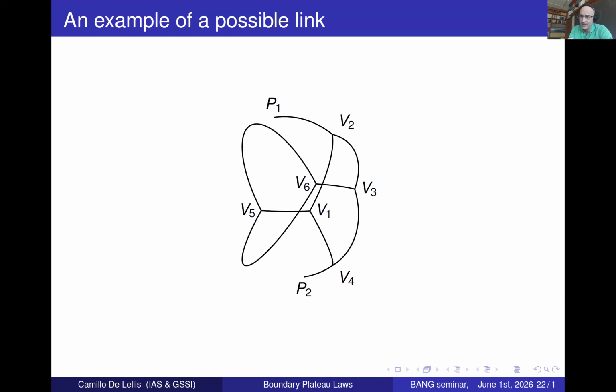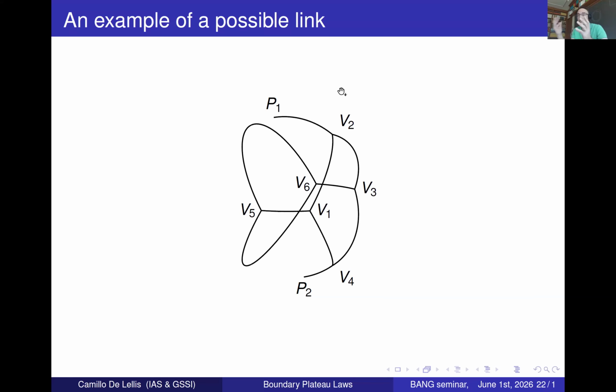Now, that's a good strategy. And in fact, it's the strategy that Jean Taylor uses in her work to classify the area minimizing cones in the interior, so away from the boundary. But in that case, because you are away from the boundaries, there are no special points P1 and P2. So those ones are not there.